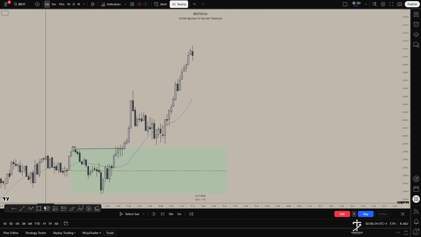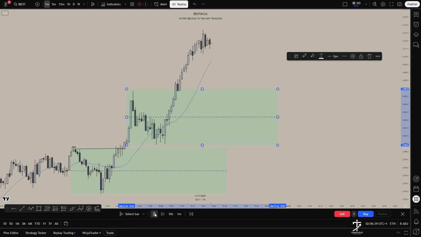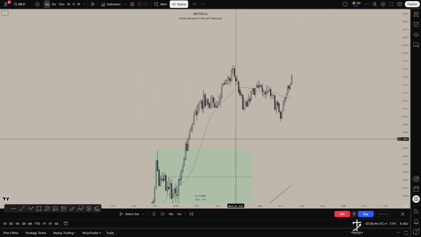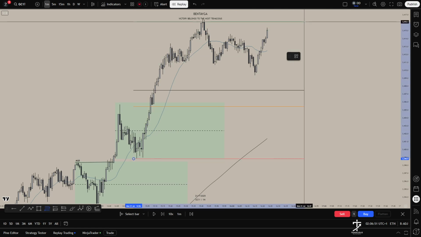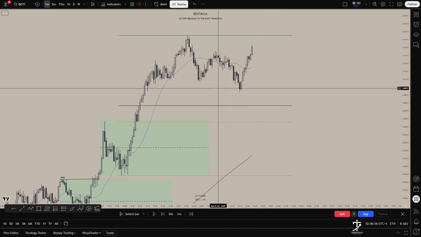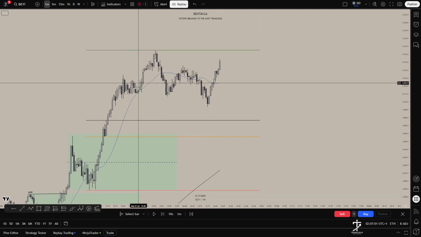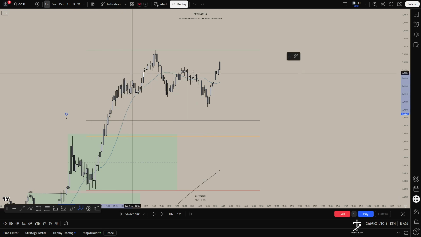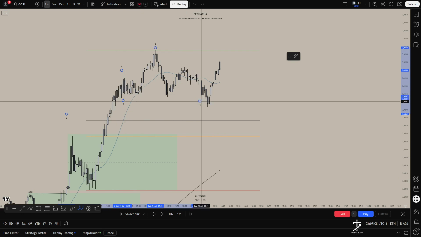If I drop my fib from this low to this high, you don't quite tap to 50%. If I get up the other level, basically the DTFX way, we do at least want to get the 30%. Because you could also have this as the SPS as 1, 2, 3, price sweeps, 4, 5.